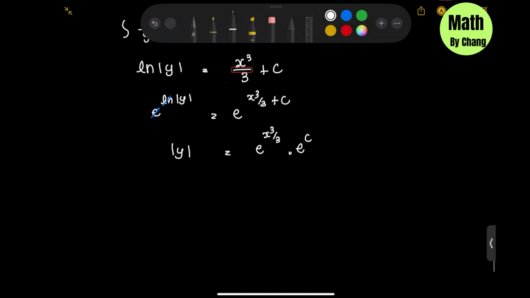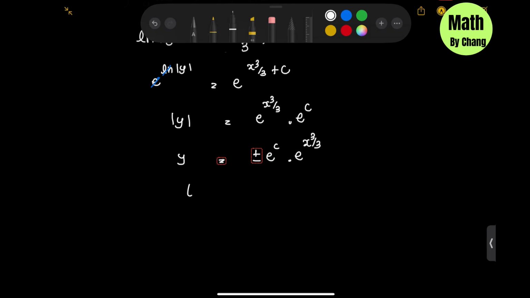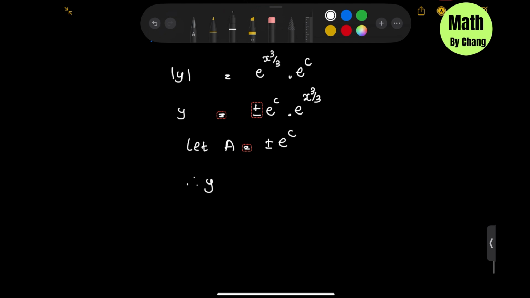E power c. So if you want to find y, it will be plus or minus e power c times e power x cubed over 3, okay? And I will put a constant a equal to plus or minus e power c. That's why the value of y is equal to a e power x cubed over 3.